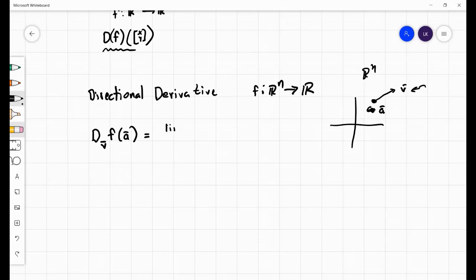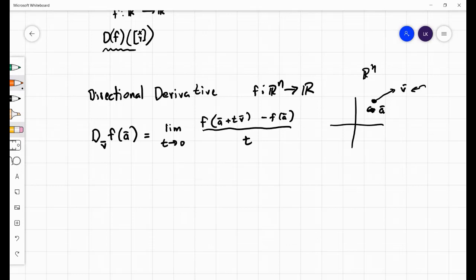Okay. And this is defined again as a limit. So this is a primary definition. So we're going to let t go to 0. And we're going to evaluate the function at A plus some multiple of this vector, right? Well, let me finish writing this. So minus the function at A divided by t.